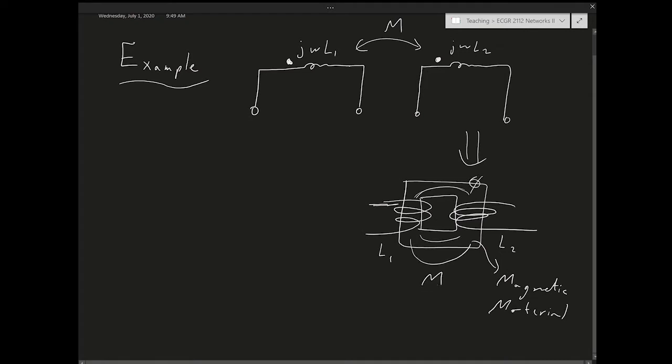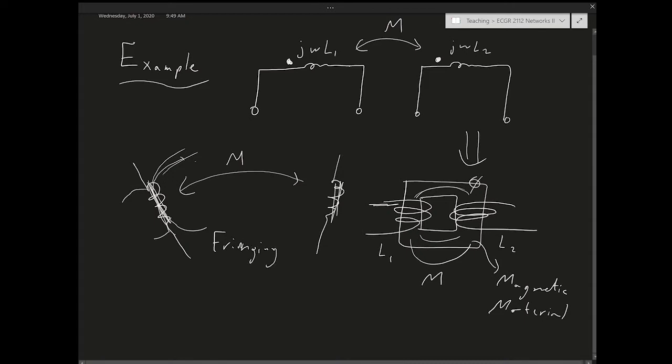If you had two coils just in the air, far apart from each other, typically there is still some M between them, but because the coils are so far apart and the magnetic field is typically condensed inside the coil, it could spread out of the coil and fringe. Spreading out of the coil is called fringing.